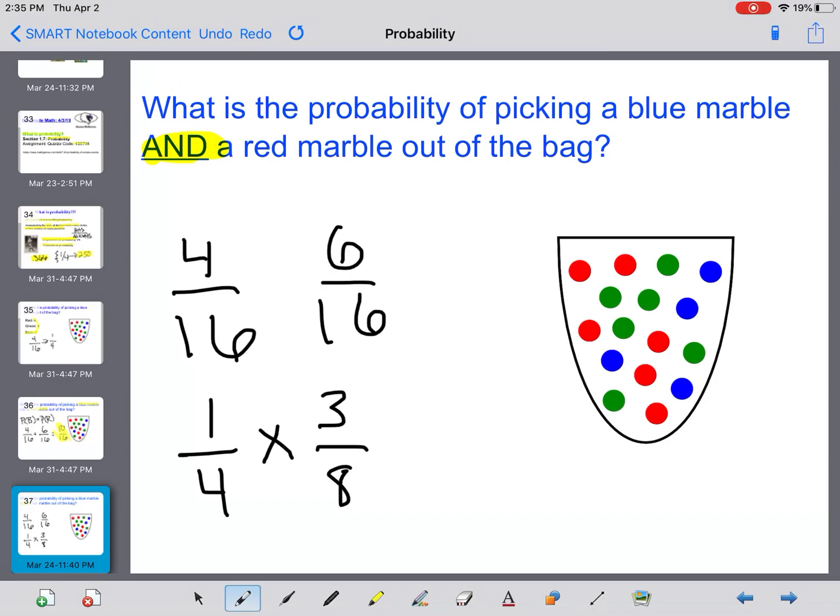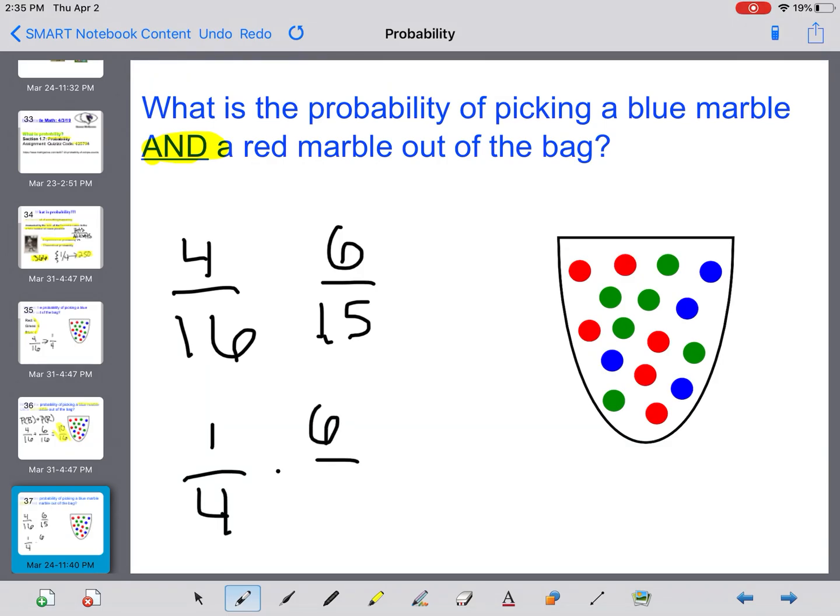Well, now what we're going to have is 3. Actually, hold on. I made a mistake here, guys. My bad. I noticed what I did wrong. Since we took 1 marble out, it'll be 6/15. All right. So now we still multiply these. 1/4 times 6/15.